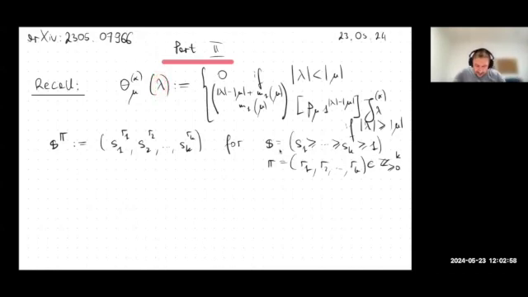Whenever lambda is smaller than mu, I simply define this function to be 0. And whenever lambda is bigger than mu, I define it as the coefficient of the Jack symmetric polynomial in the power sum indexed by mu.